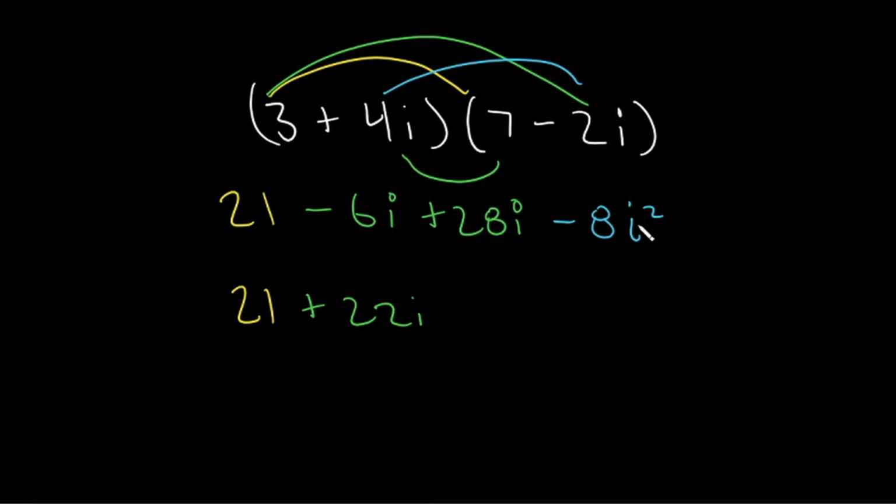So if we have negative 1 times negative 8, we're going to be left with 8. So we can add 8 here. And finally, we can simplify all of this, and our final answer will be 21 plus 8, which is 29, plus 22i. So 29 plus 22i.